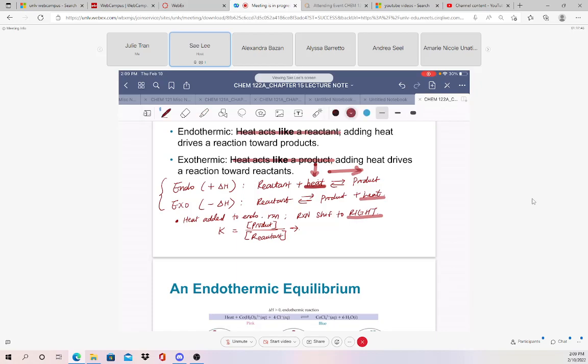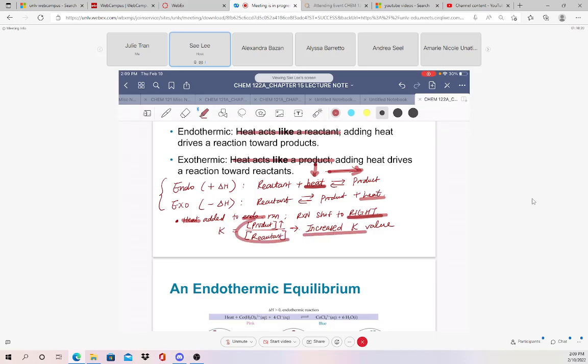In terms of K value, whether it's going to increase or decrease, you can evaluate from this concentration expression. If your reaction is going to the right side, your product concentration is going to increase, so this will result in an increased K value. So if heat is added to an endothermic reaction, the reaction shifts to the right, and you will have an increased K value.